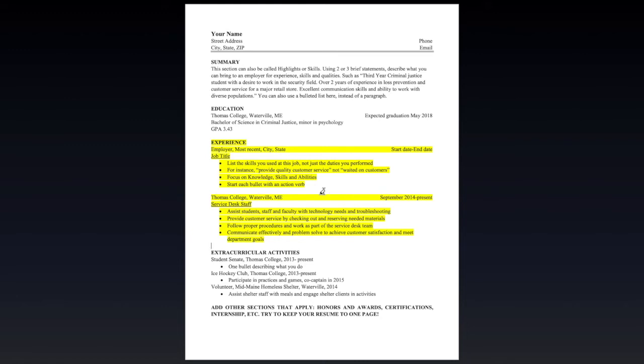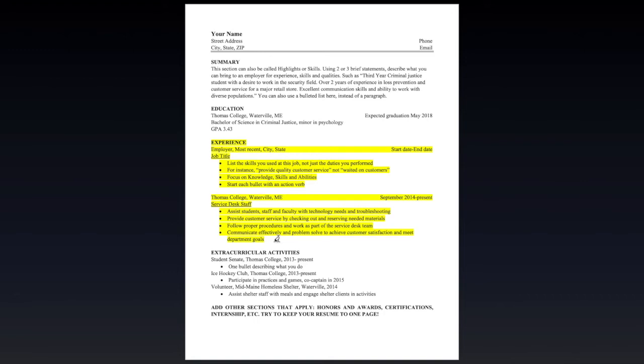If you're going into, say, law enforcement, maybe you want to highlight your ability to follow processes and procedures because that's something that they're looking for. If you're going into something psychology related, maybe you want to concentrate more on those people skills, the communication or the helping, the listening, that type of thing.